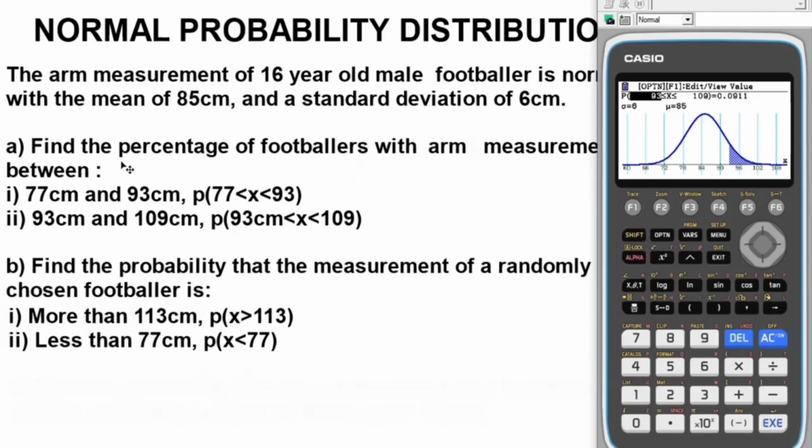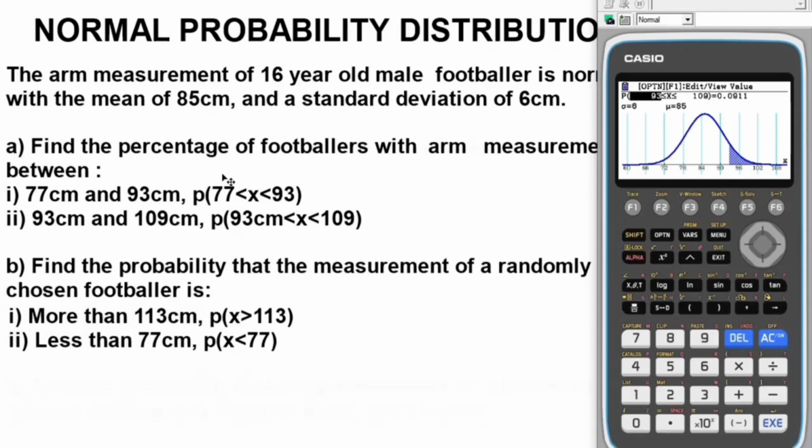Note that we are asked to leave the answer in percentage. All you have to do to put it in percentage is multiply the value by 100. The first one we got, multiplied by 100, gives the answer in percentage. This one also, multiplied by 100, gives you the answer in percentage. It's as simple as that, guys.